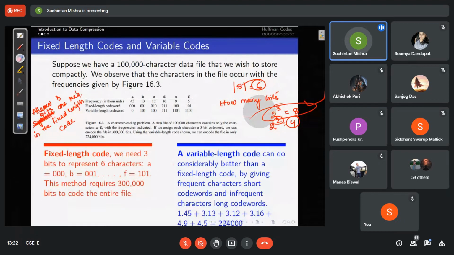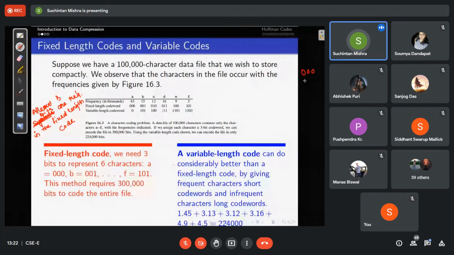If you are taking 3-bit code words, what are the different code words that can be formed? 000, 001, 010, 011, 100, then 101. These are the 6 code words that can be used, for the values 0, 1, 2, 3, 4, and 5.